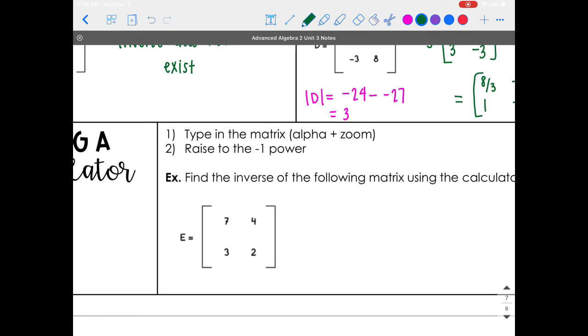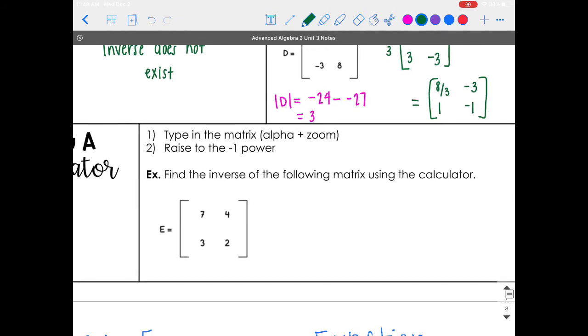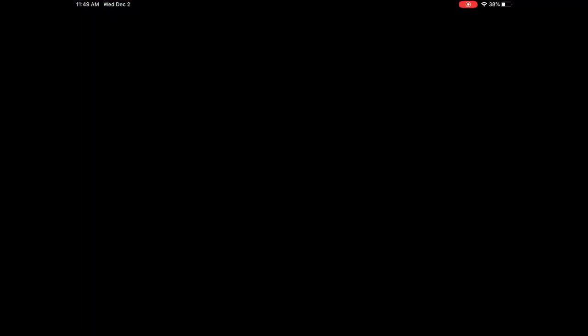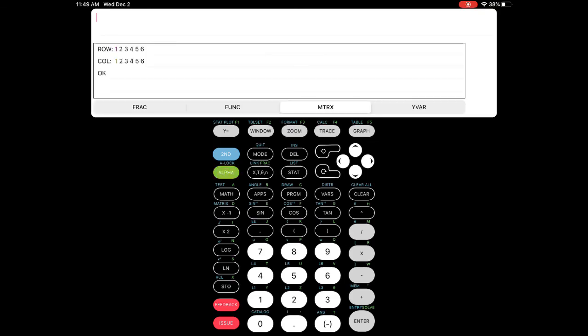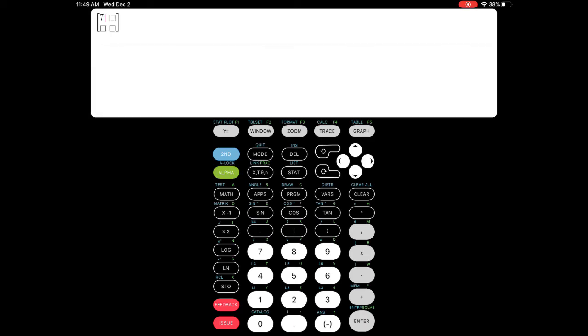All right, those are super easy to do in the calculator. All you have to do is first type in the matrix. Remember, it's alpha zoom. And then you raise it to the negative 1 power. So you're just going to put a negative 1 exponent. So this 7 I can do in my calculator. So alpha zoom, I'm going to make sure I use a 2 by 2 matrix. I think it was 7, 4, 3, 2. I'm going to go outside of the matrix and hit my caret button, which takes me to the top, and put in negative 1.